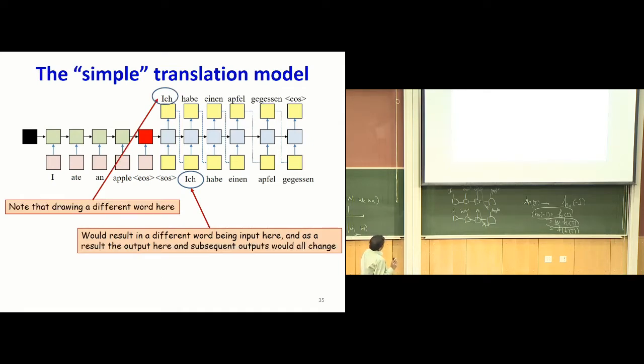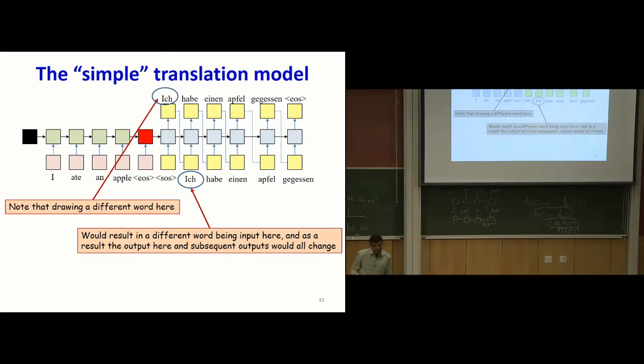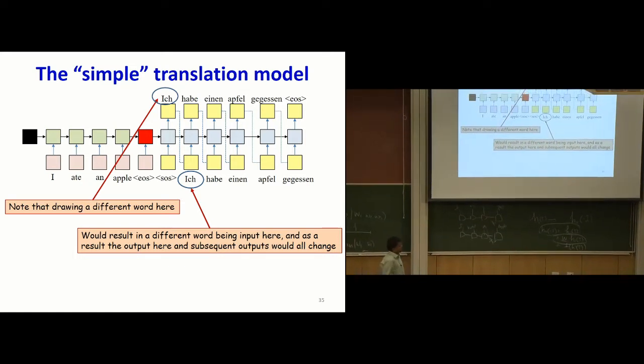Now, observe something interesting over here. In this example, I've drawn the word "ish" at the first time instant. And this word is now fed back into the network at the second output time instant.